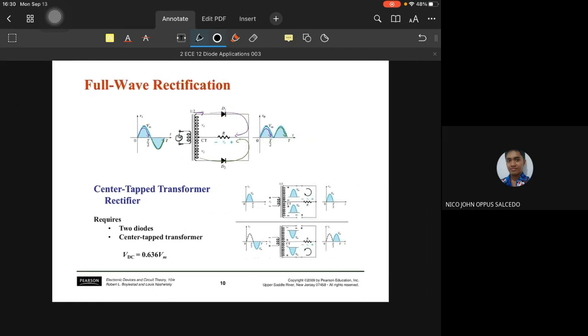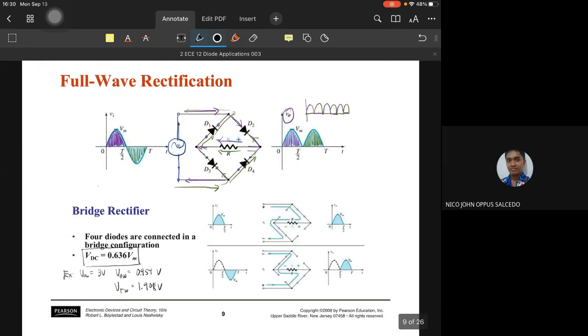The most common of the three is this one. There's probably no application now that uses a full wave rectifier for rectification, unless the use is a clipper. But for a DC power supply, a full wave rectifier is what we use.